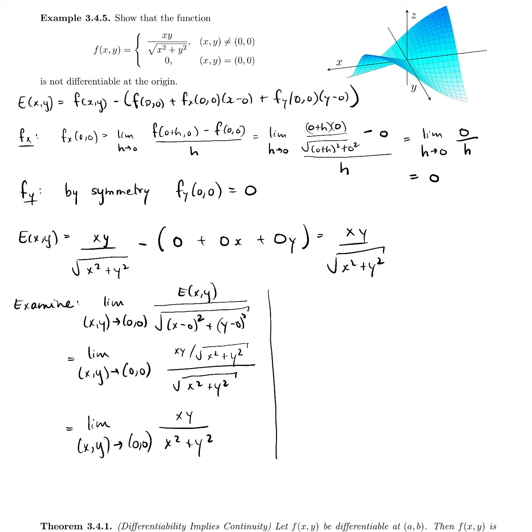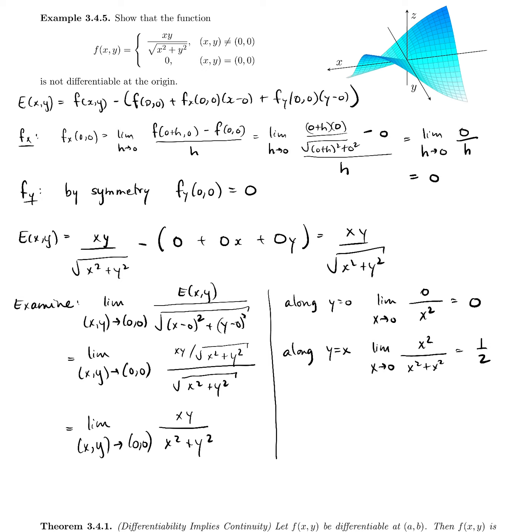Now, this is a limit that we looked at before. We can see that this limit does not exist by looking at the approach to 0, 0 along different paths. If we go along y equals 0, then we are going to get the limit as x goes to 0 of 0 times x, or 0 over x squared plus 0, which is just going to give 0. But along y equals x, we get the limit as x goes to 0 of x times x, which is x squared, over x squared plus x squared, which gives 1/2.